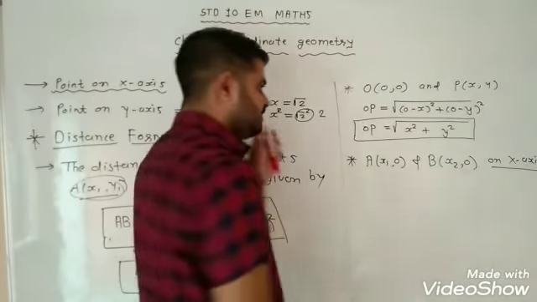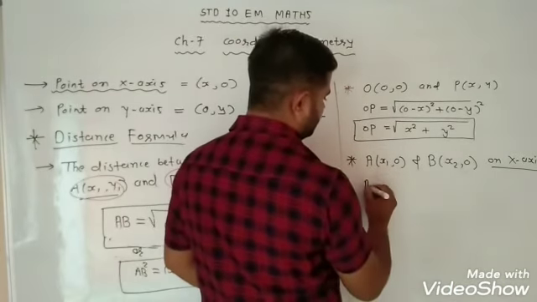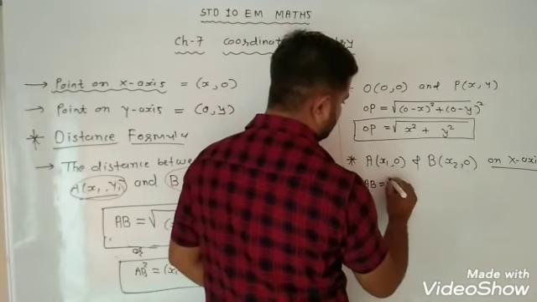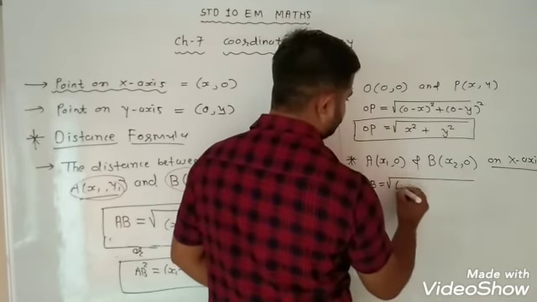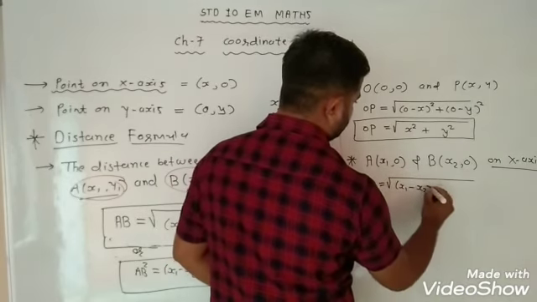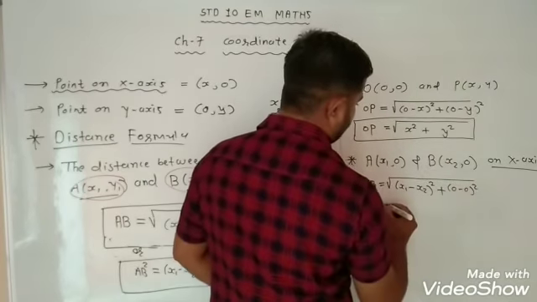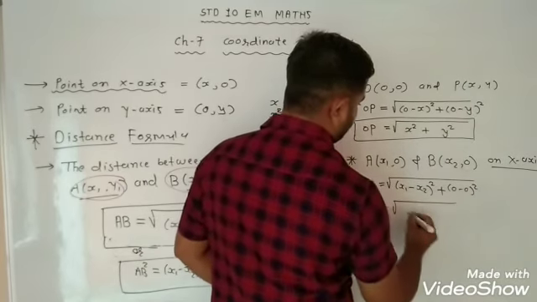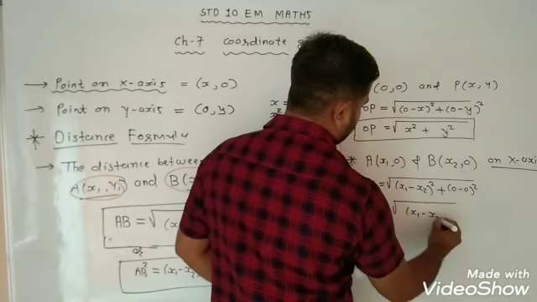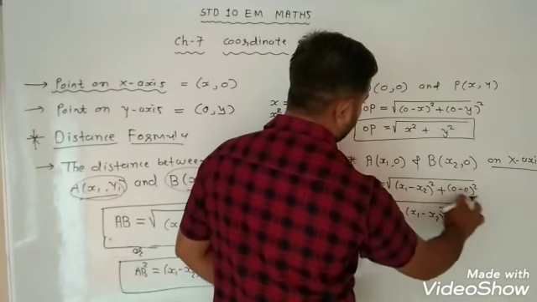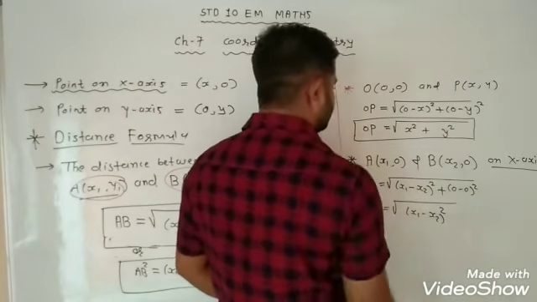So what is the distance between these two? If we write the distance formula for this, then AB is equal to under root x1 minus x2 whole bracket square plus 0 minus 0 whole bracket square. So we can say x1 minus x2 whole bracket square, no need to write this term as it is 0.